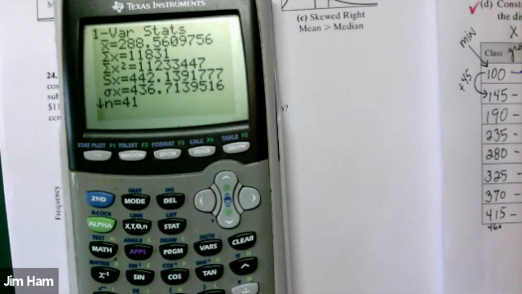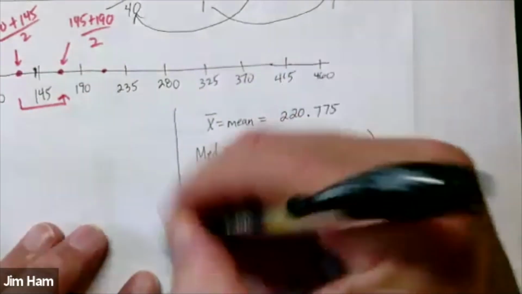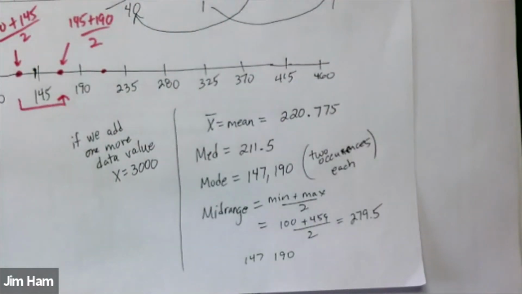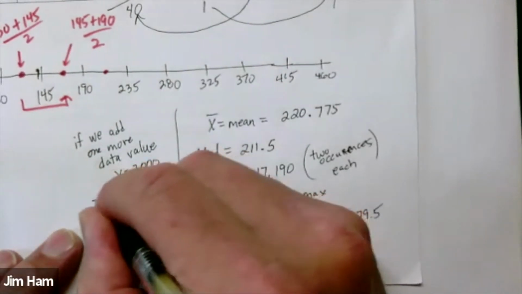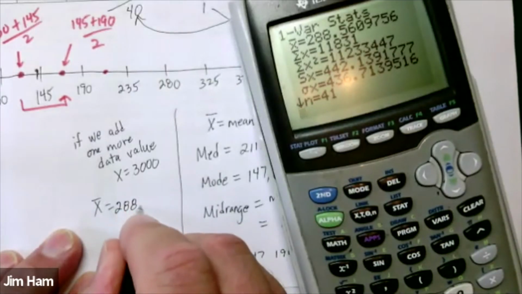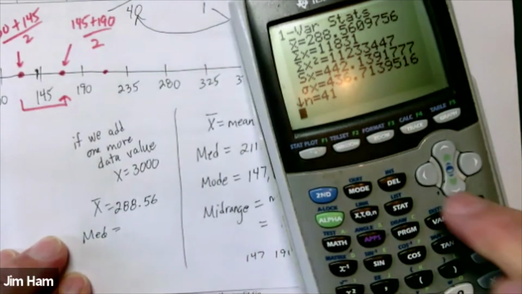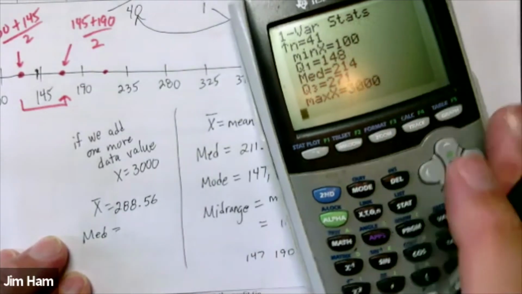And here they are. I want to show you by changing that, if we add one more data value to the list, so instead of 40 sandwiches from Burger King and McDonald's, we had 41. When we calculate the mean, the new mean is 288.56, and the new median is 214.